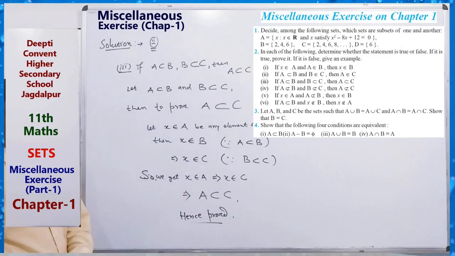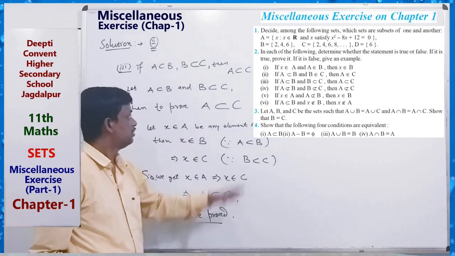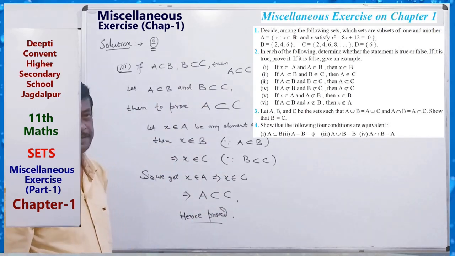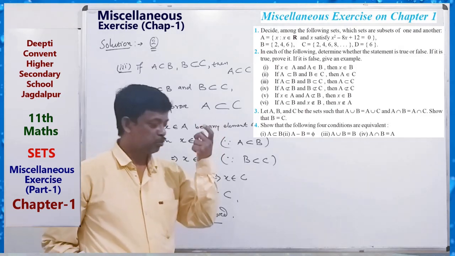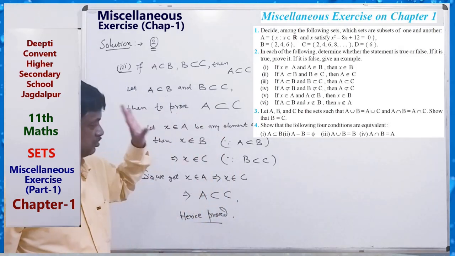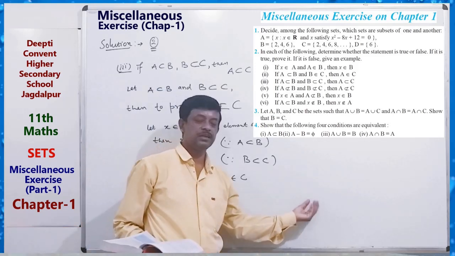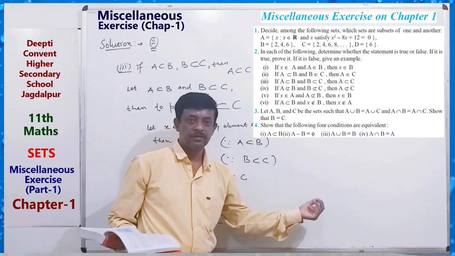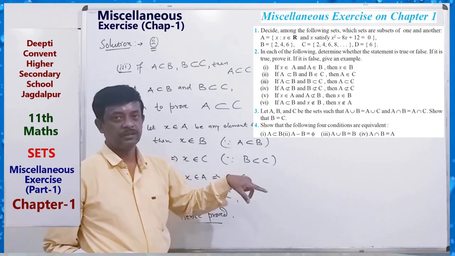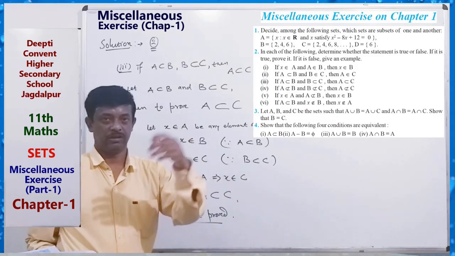This is the technique of proof for relations of sets. Clear? For proving equality, you have to take the left side. So the left side is a subset of the right side, and also the right side is a subset of the left side. Then you can say both are equal.